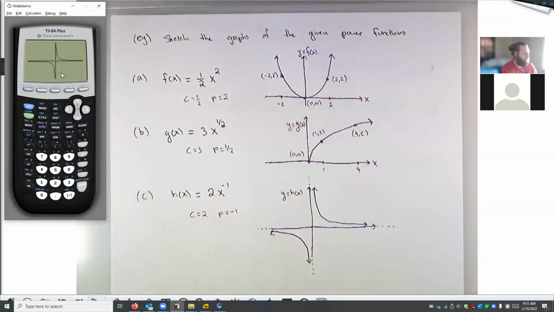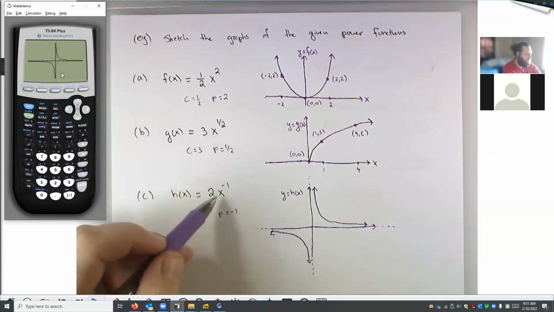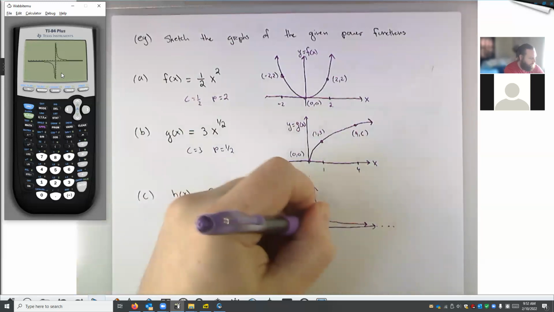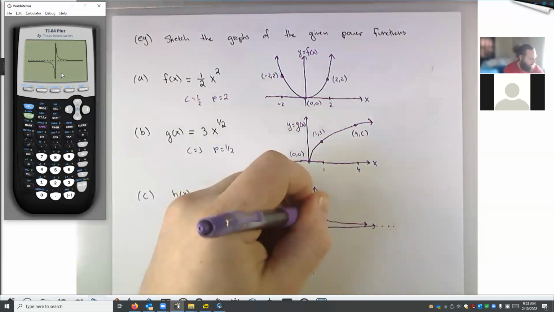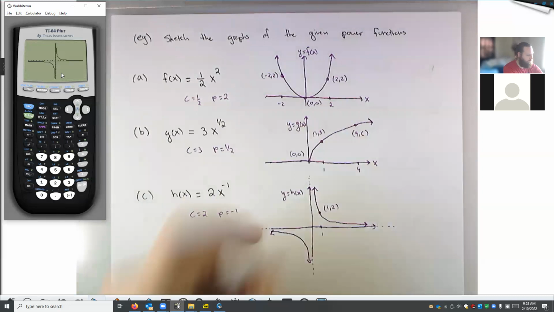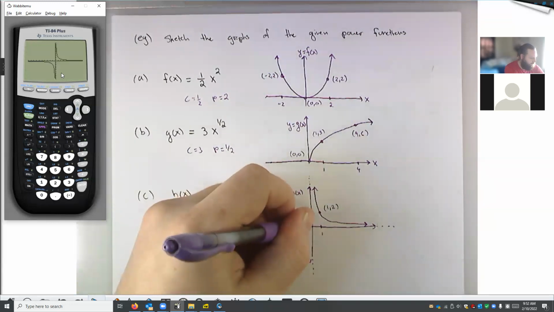Some points on this graph, if you plug in some numbers for x, if you plug in 1 for x here, this is 2 times 1 to the negative first power. 1 to the negative 1 is 1 over 1, which is 1. 2 times 1 is 2. So if I mark this as 1, then this would be the point 1, 2. There is a certain symmetry to this graph as well.